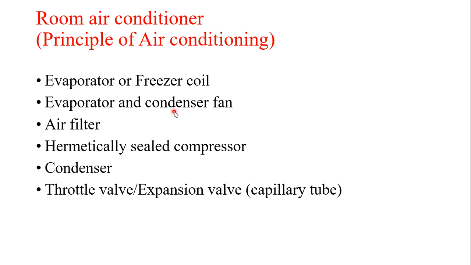Here we need one more component, such as air filter to filter the air, hermetically sealed compressor unit that is used to circulate the fluid in the system, condenser to change the state of the fluid from vapor to liquid, throttle valve or expansion valve. In this case we use a capillary tube just to reduce both temperature and pressure of the refrigerant. These are some of the important components of the room air conditioner.